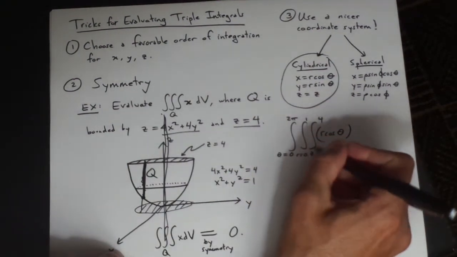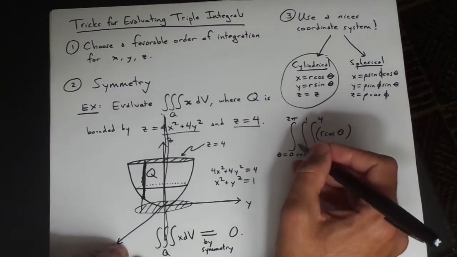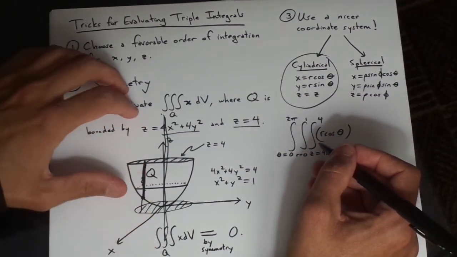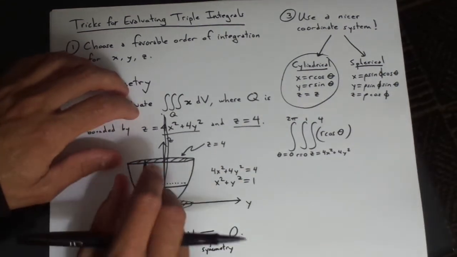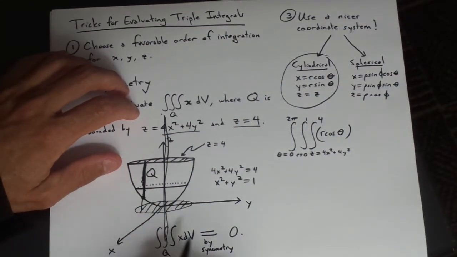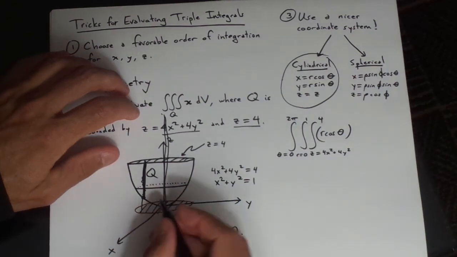So this is setting up the limits of integration in cylindrical coordinates now. We're using a nicer coordinate system because we have a paraboloid here. The nature of the shape is suggesting to us that this would be a good conversion to make. Okay, so does everybody see that?